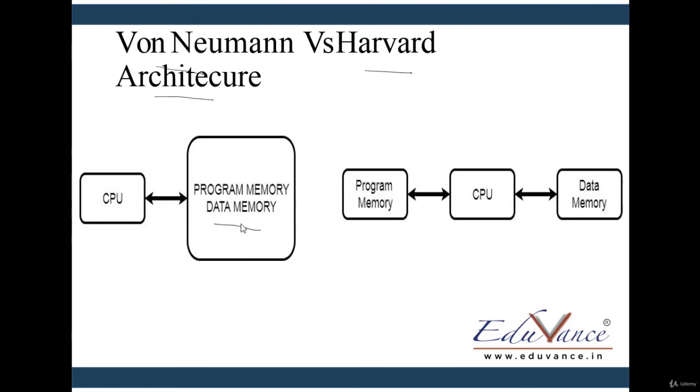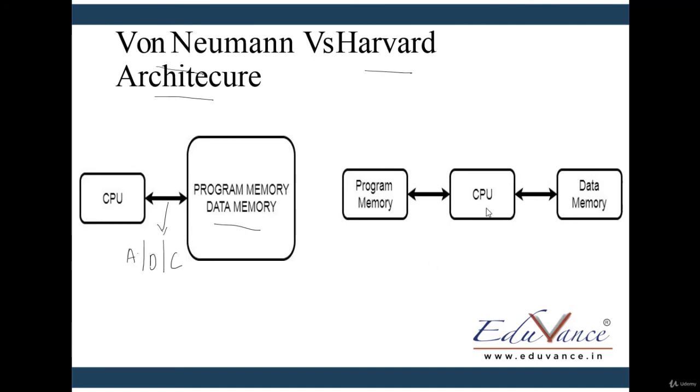Now because of this, there is only one line. So both program and data memory have to be accessed using the same address, data and control line. So since both of them share the line, the speed of the data transfer will be comparatively slower.